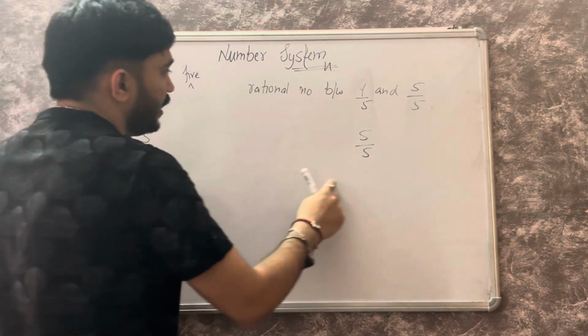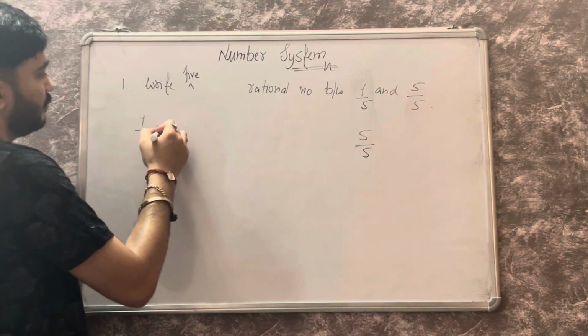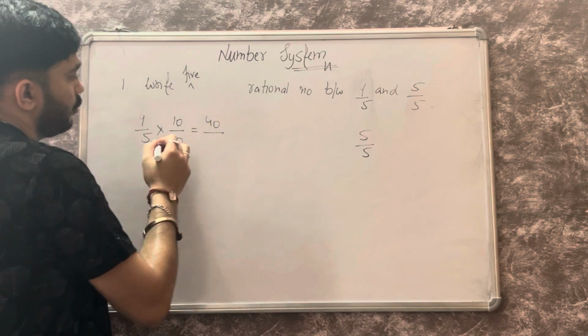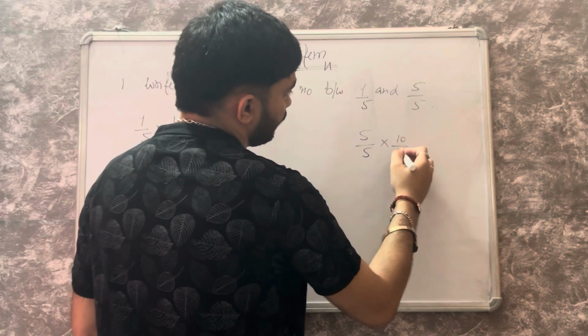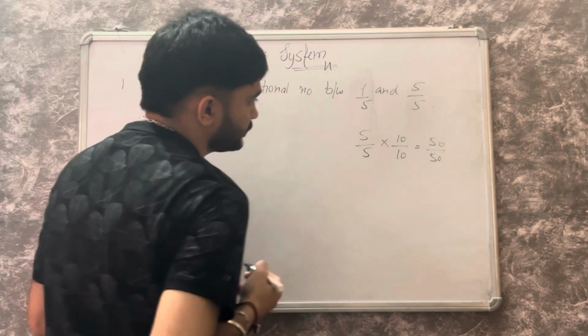Here the denominator of both the numbers is also same. So just multiply this number with 10 upon 10. 4 10s are 40 upon 5 10s are 50. Here also 10 upon 10. 5 into 10 is 50 and 50.